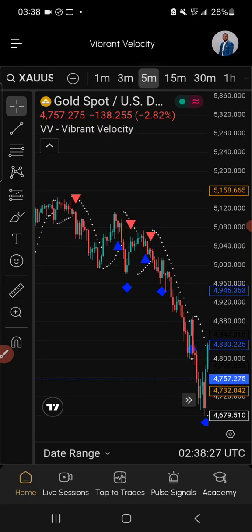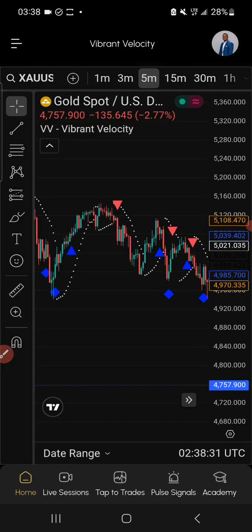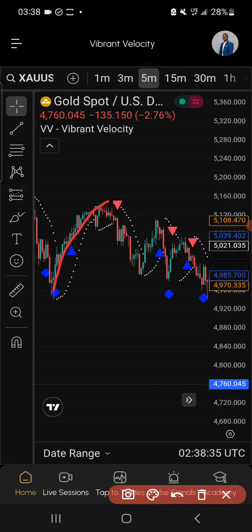Now, in a situation where you have a triangle, so you can see that we had a rally here, and then we now had a triangle, and then we had the dots. That's also a good sign for you to take a trade.